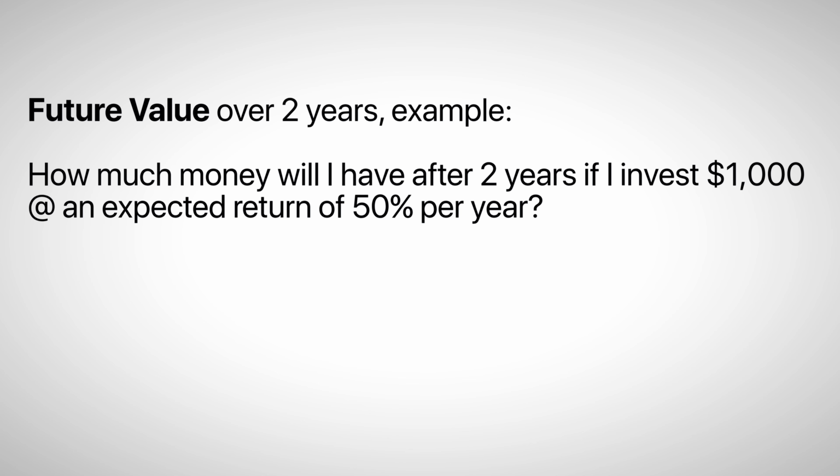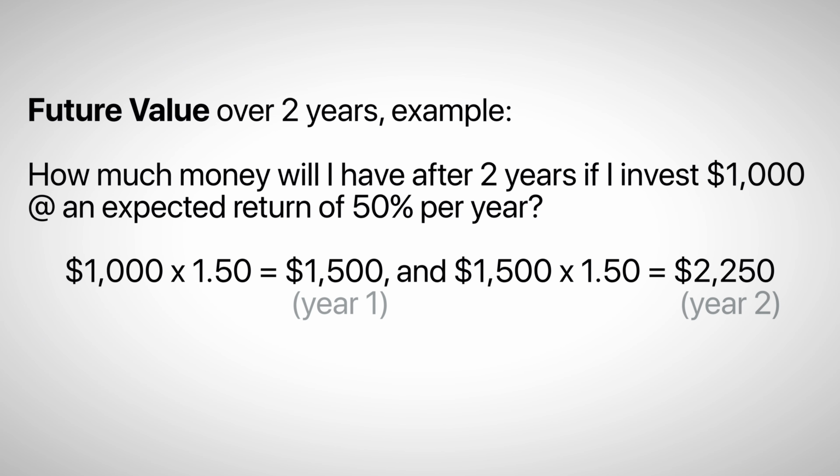For example, what would the future value be if we invested $1,000 at 50% per year for 2 years? $1,000 times 1.5 gives us $1,500 for the first year. And then if we take that $1,500 and multiply it times 1.5 again, we get $2,250 as our future value after 2 years.